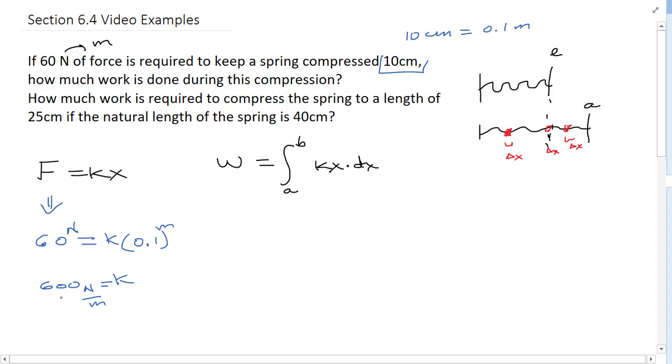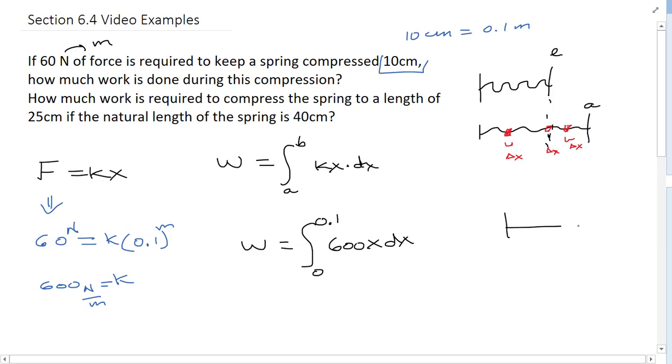Now that I have k, we can go back and put it in the work equation. Work is going to be the integral of kx dx. I already know k is 600, so 600x dx. And we're going from where to where? We're compressing it 10 centimeters from equilibrium, so we're going from 0 to 0.1. You may be wondering, why aren't I using negatives?